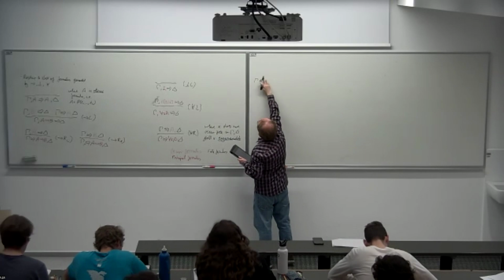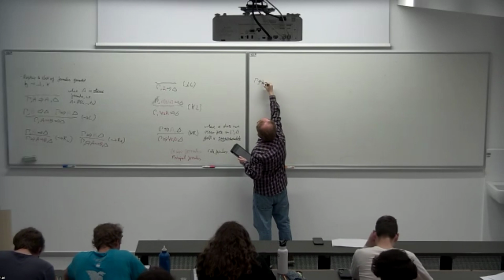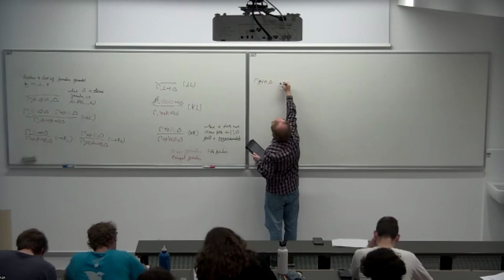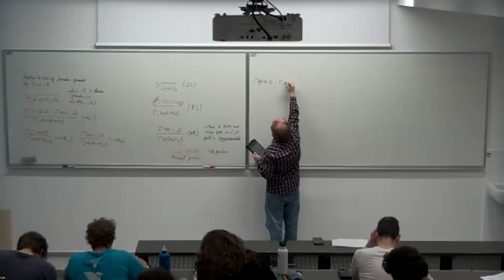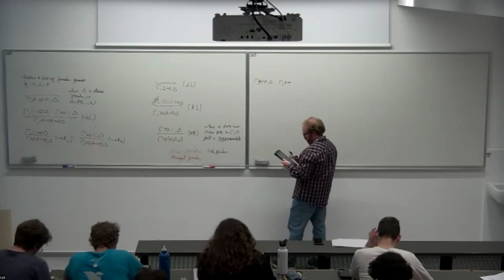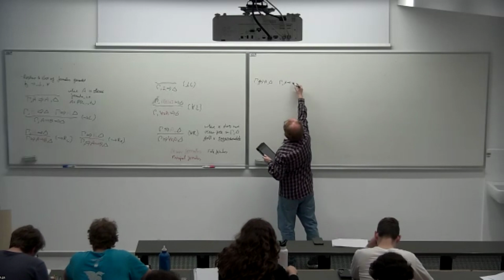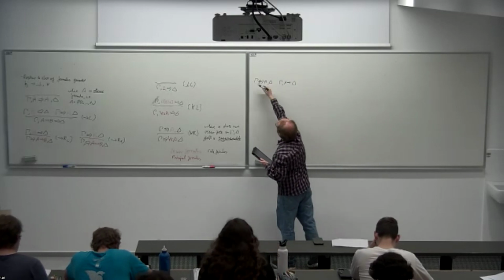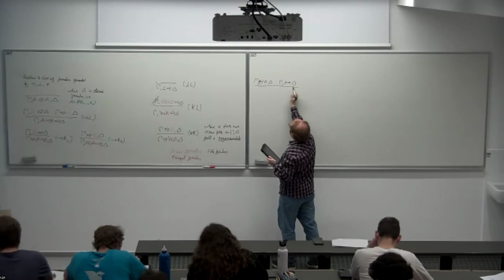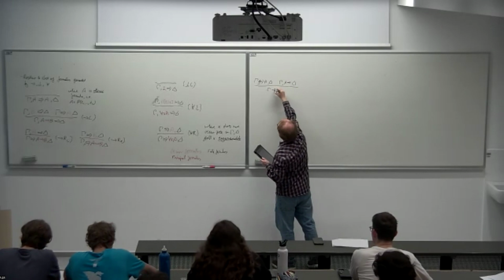The cut rule says that if we have gamma derives A, delta, and gamma prime, A derives delta prime, then we can eliminate the A, and we have gamma, gamma prime derives delta, delta prime.